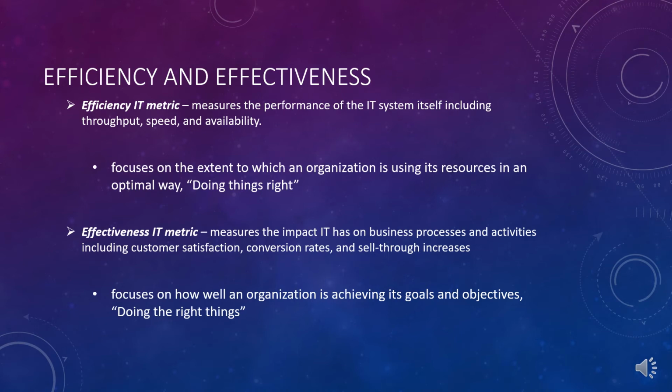Efficiency and effectiveness. Efficiency IT metrics measure the performance of the IT system itself, including throughput, speed, and availability. Effectiveness IT metrics measure the impact IT has on business processes and activities, including customer satisfaction, conversion rates, and sell-through increases.